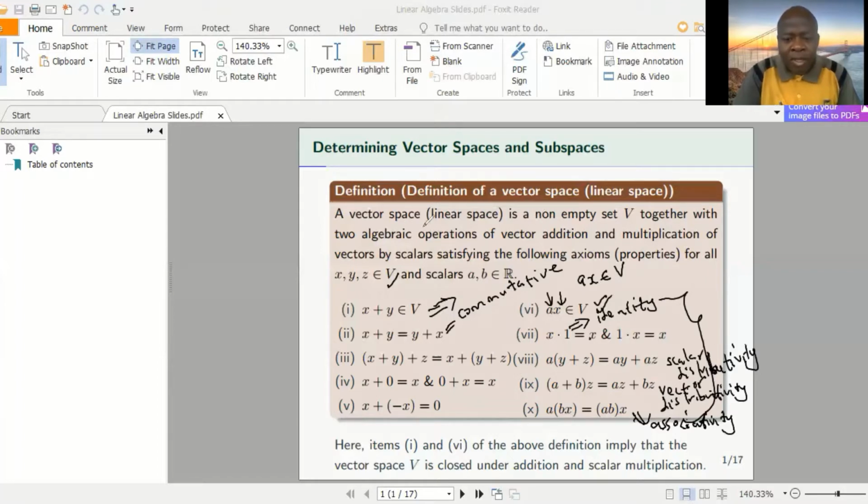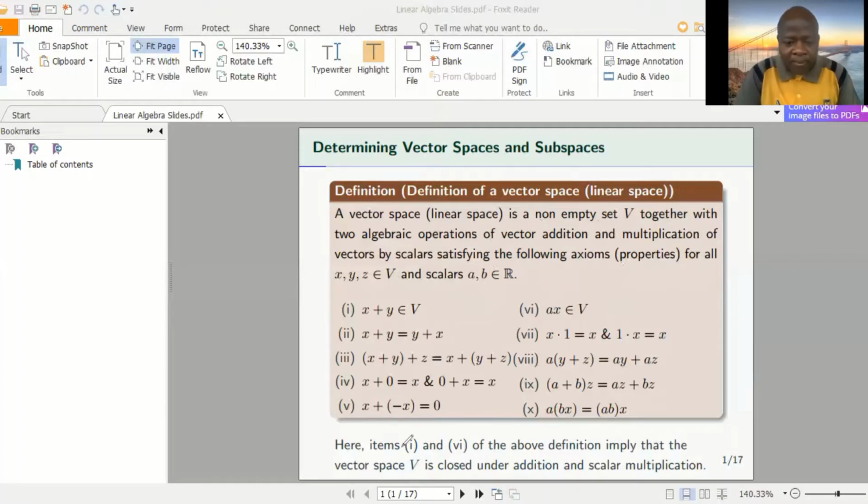So as I've already said, a vector space will just be a non-empty set, that means a set with elements together with the operations of vector addition and multiplication of vectors by scalars, satisfying these 10 properties. Now, there's something I've said here.